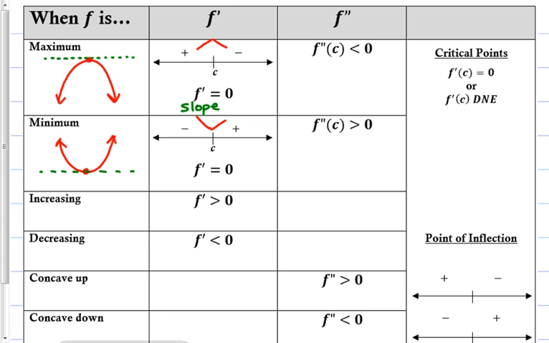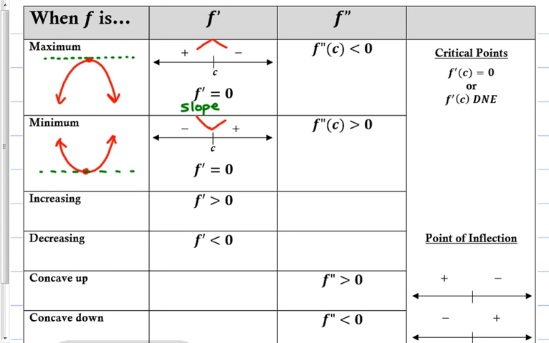If you look at my little maximum there, that is concave down, or a frowny face. And then for my minimum, the second derivative is greater than 0. It's positive, which means concave up. And if you look at the minimum, it looks like a happy face, and it is facing up.